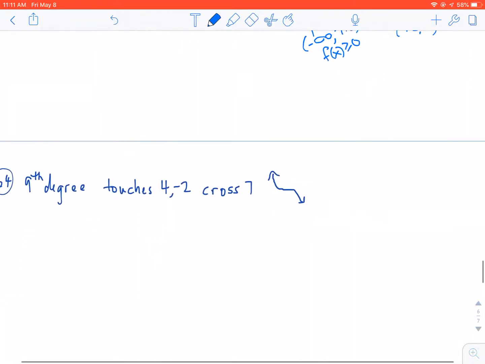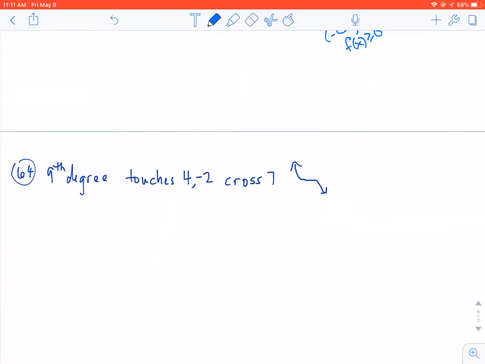Okay, all right, and now the 9th degree, this is the last question. It touches at those two places and it crosses at 7. I already figured out that it's going to have a leading coefficient that's negative, because that's what the words said.